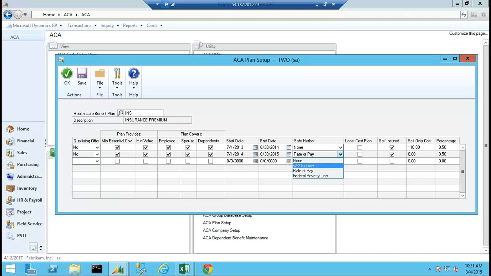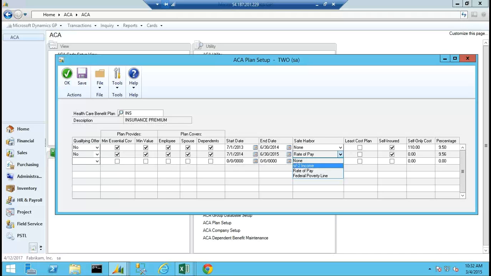Rate of pay is the one that most people are going with. And the reason is that as you start looking at living wages, what it says is that if I, in a standard measurement period, worked 130 hours, I should reasonably expect to work 130 hours in my stability period.